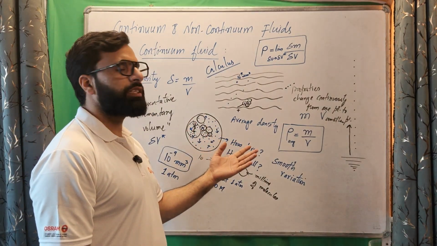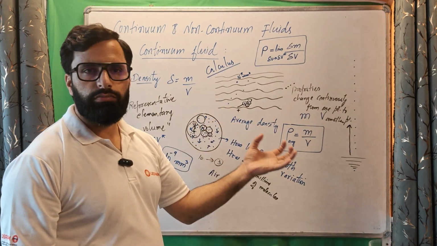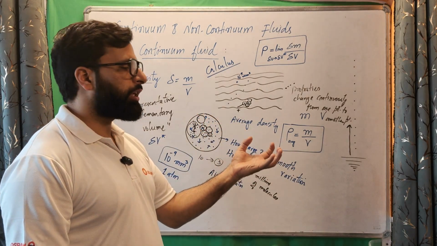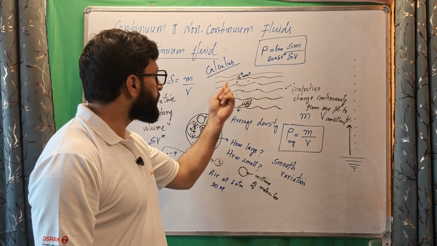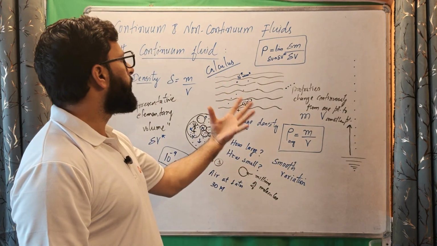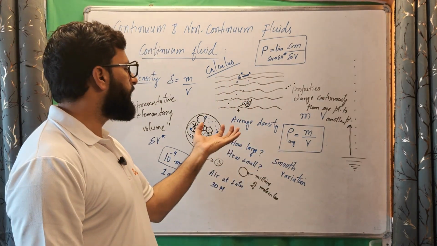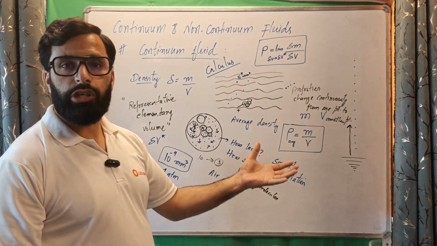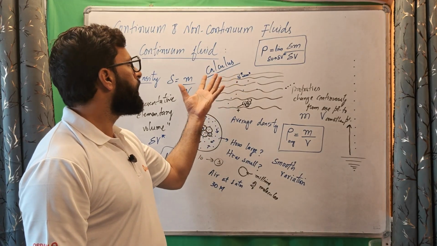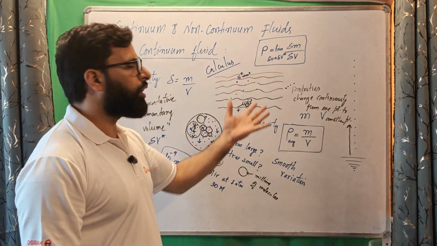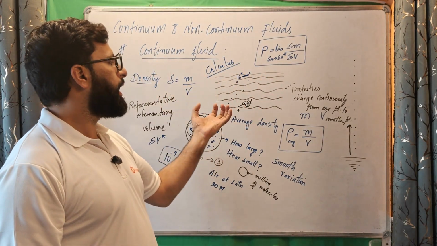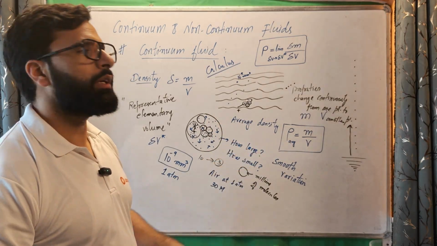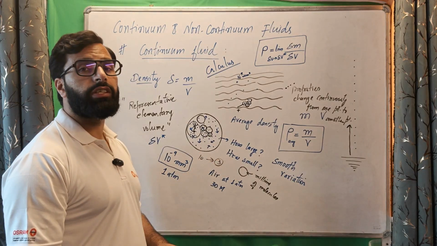We can apply the law of conservation of mass and find the continuity equation in differential form, because we can use calculus on continuum fluid. We apply the law of conservation of momentum and we get the Navier-Stokes equation, and that Navier-Stokes equation is a differential equation because we could apply calculus on this continuum fluid, and we got that differential form of the law of conservation of momentum.